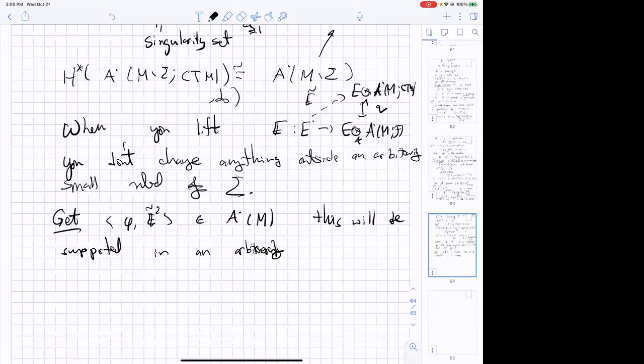Sorry, this will be supported in a complement of an arbitrarily small neighborhood of sigma. Okay, and this is essentially the definition of the residue, and the residue theorem is a simple consequence of it.